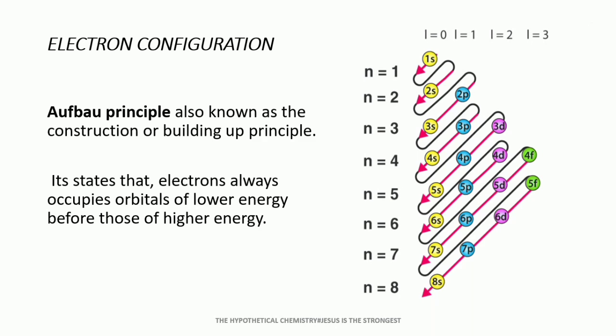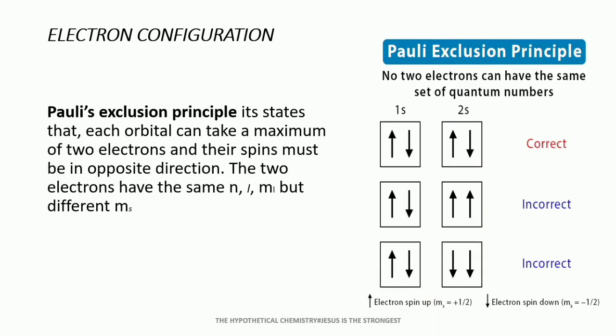All right, let's proceed to the second, being the Pauli's exclusion principle, which states that each orbital can take a maximum of 2 electrons and their spin must be in opposite direction.